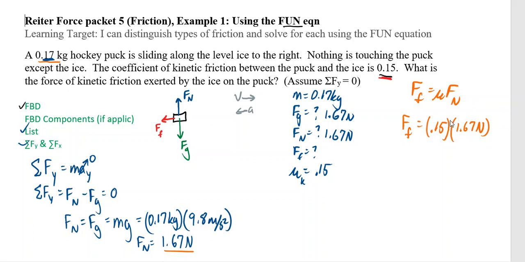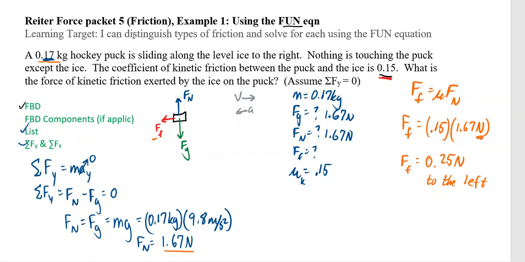So I'll multiply those together, and I'm going to get force of friction is equal to 0.25 newtons, because there's newtons right there. And the friction is pointing to the left here. So I'd like to say to the left, although I think Beyonce was the one that said that the best. Yeah, there's my answer.